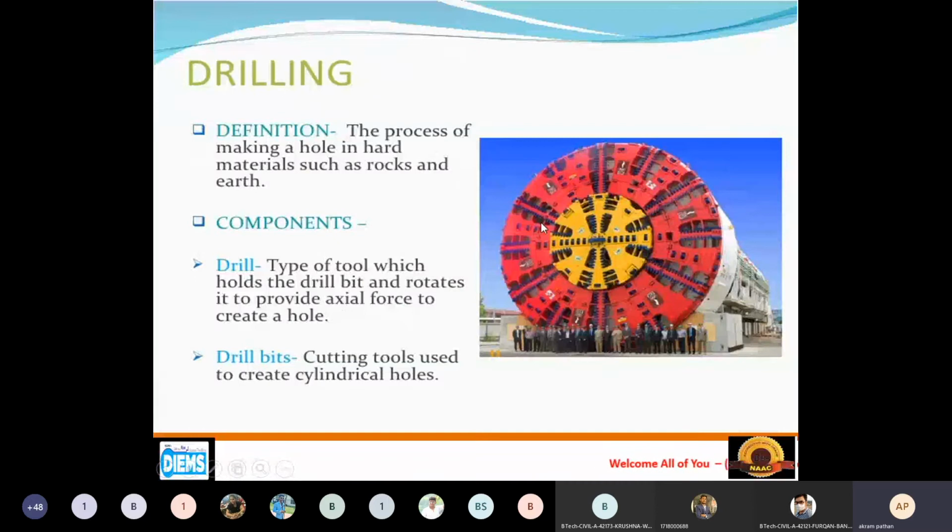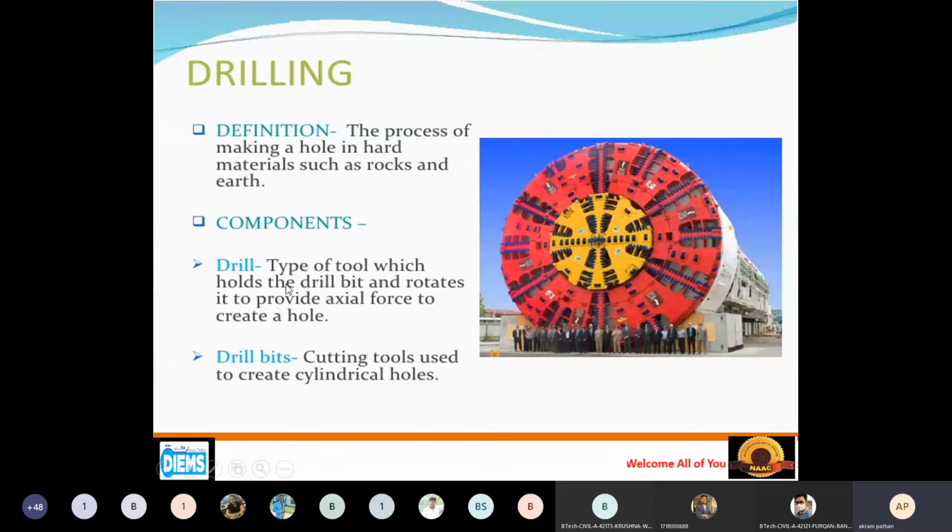Now the actual definition in front of all of you: what is drilling? The process of making a hole in a rock is known as drilling. The medium can be earth also. So the process of making a hole in a particular rock or earth is known as drilling. If you see here, the component parts of drilling: we require a drill and drill bits.